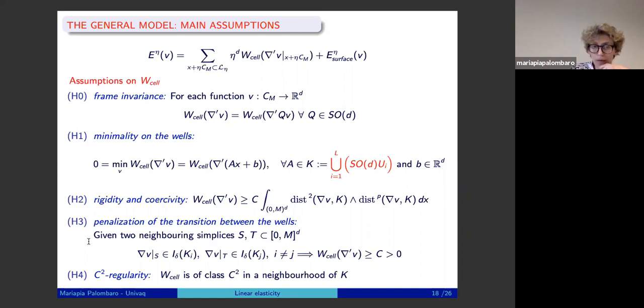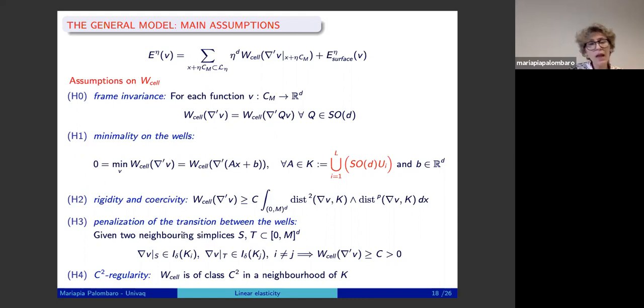And then we require this very important assumption. This is important for the compactness, and we want to penalize too many transitions. So we assume that if we have two neighboring simplices of the triangulation, where the gradient of the deformation is close to one well in one of these simplices and close to another well in the other simplex, then the energy must be positive, bounded from below by a positive constant. So whenever the gradient is close to different wells on neighboring simplices, we pay something.